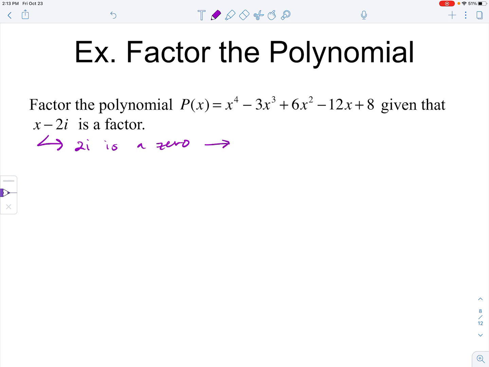So since we know that 2i is a zero, that means that its complex conjugate, negative 2i, is also a zero. Because p of x is a fourth degree polynomial, it can be rewritten as x minus 2i times x plus 2i, and then times two other linear factors, or times a quadratic.